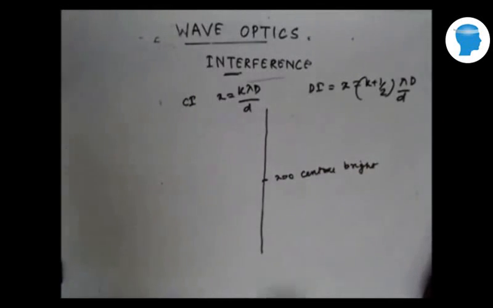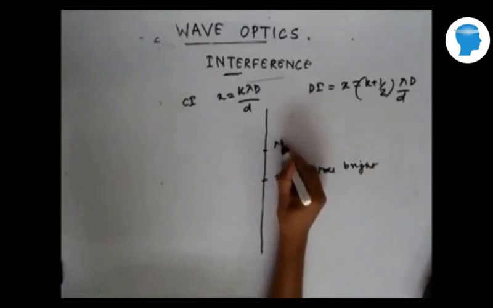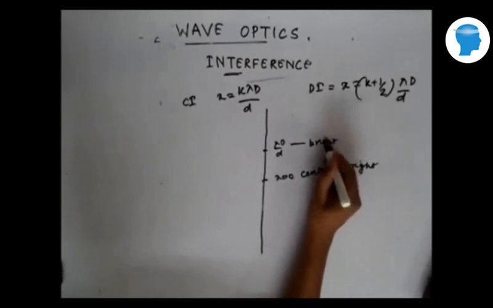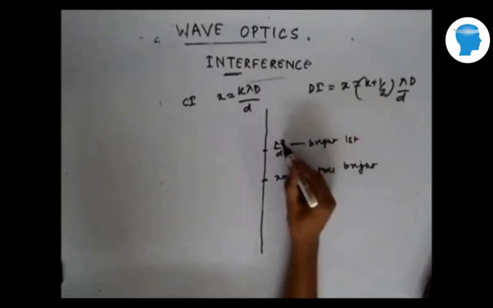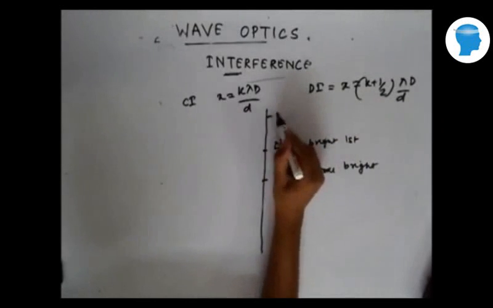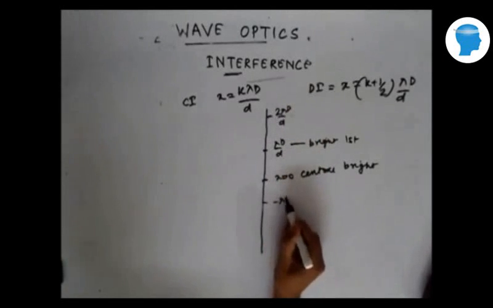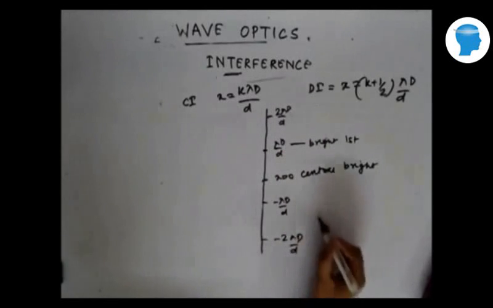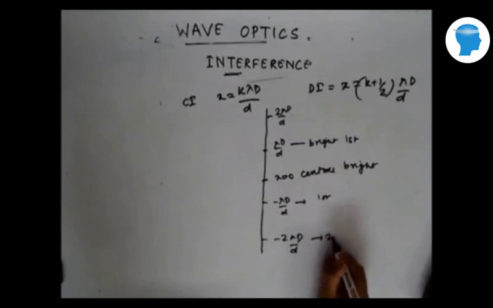If I put k equals 1, I get lambda D by d, where again I get a bright fringe, the first bright fringe. If I put 2, I get 2 lambda D by d. Similarly on this side at minus lambda D by d and at minus 2 lambda D by d, I get the first one and the second one on the negative side.